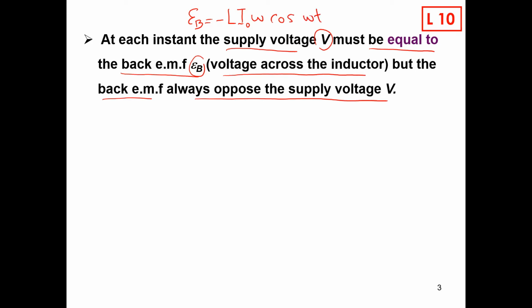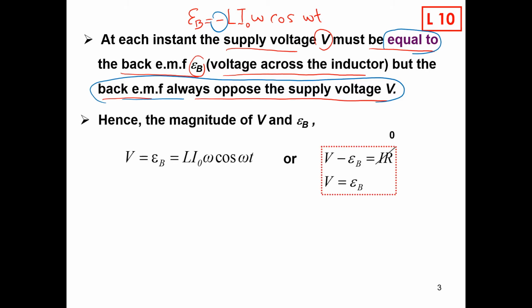This negative sign indicates the direction of the back EMF is always opposed to the supply voltage, but the magnitude of the back EMF and the supply voltage are equal. So that's why we get V equal to L I0 omega cos omega t.